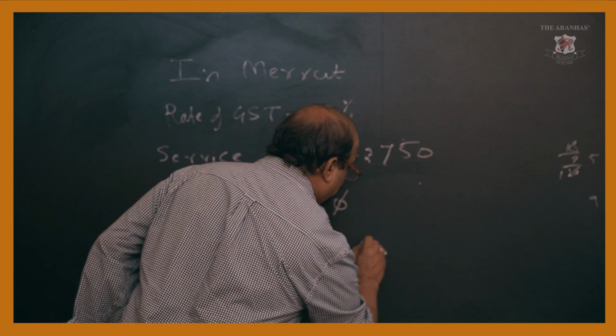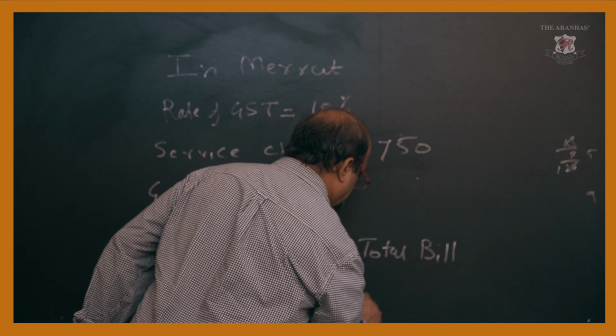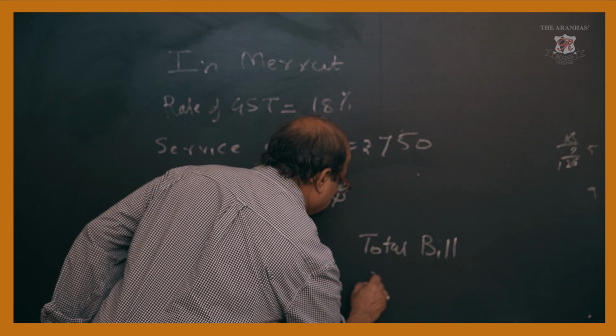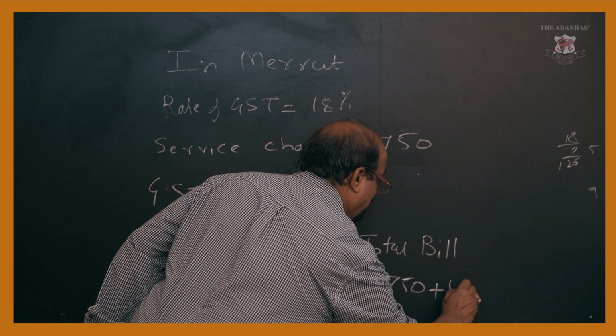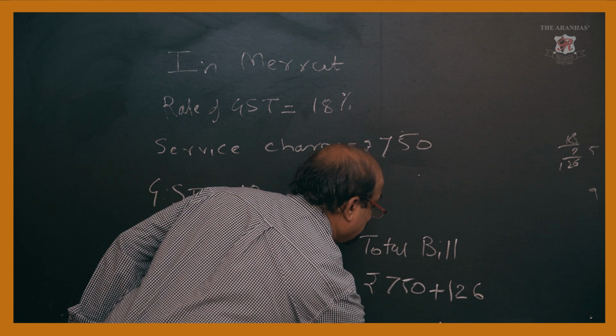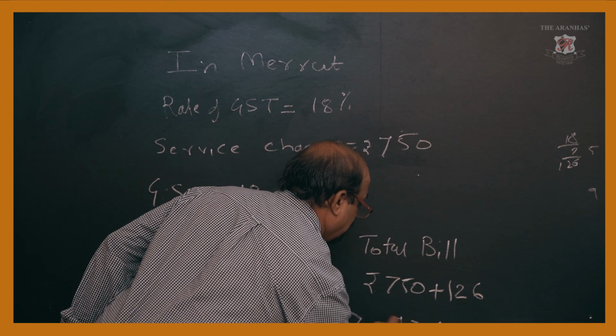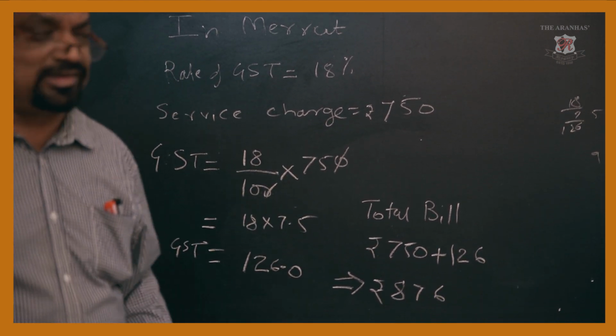So the total amount of the bill will be rupees 750 plus 126. That will add up to give 876. The customer has to pay rupees 876.